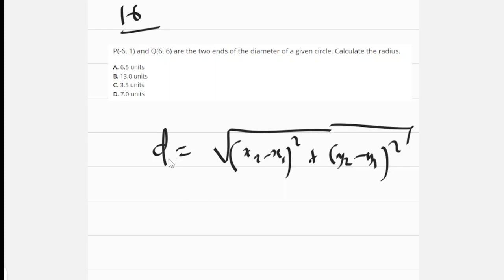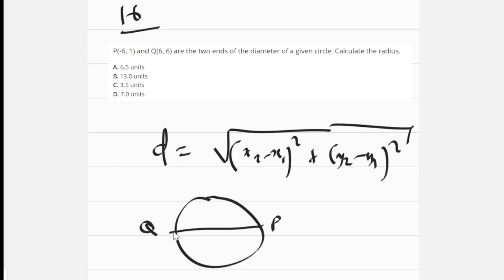I hope you understand now. We were given these 2 points. If I want to know the distance between the 2 points, I have to know the length of that segment. It means you have a circle like this, and you have P here, you have Q here. So we must know what our diameter D is.